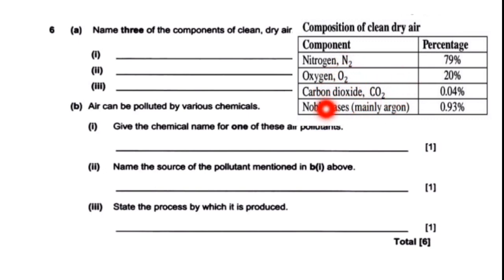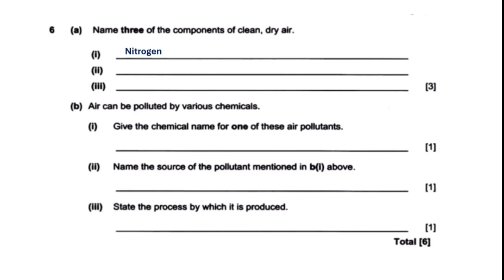We can name any of the four. So we can just say nitrogen, oxygen, and carbon dioxide. Was this one optional or compulsory? It was compulsory, because there are four answers mainly.